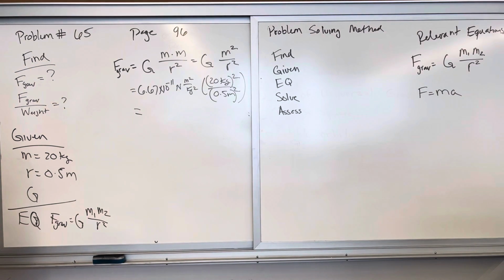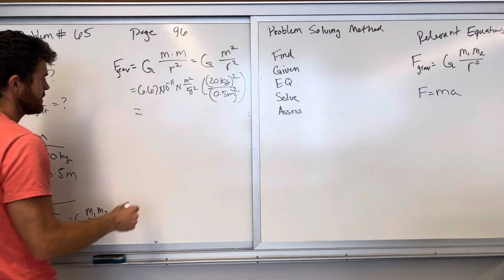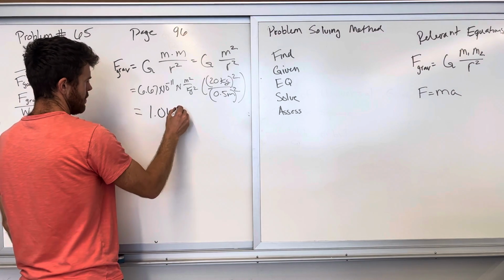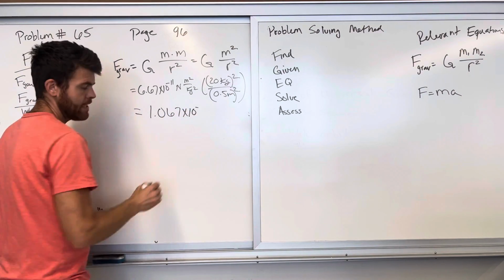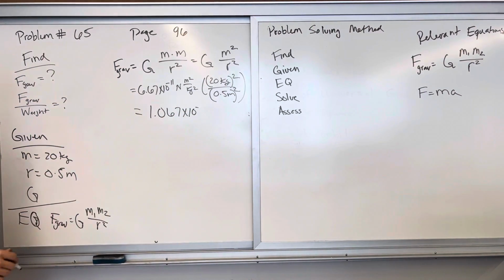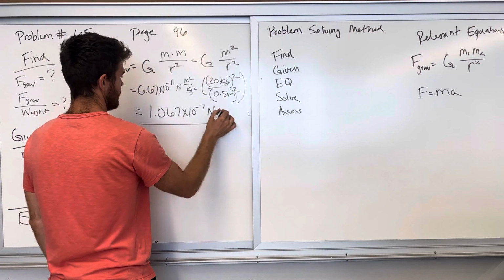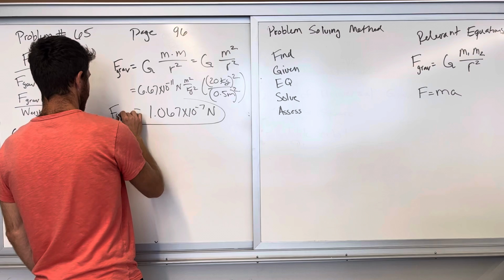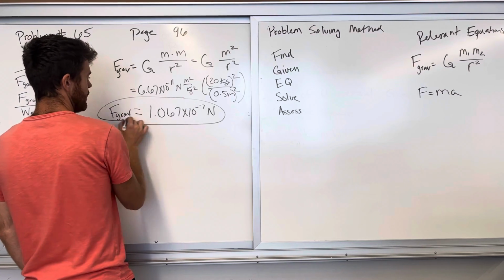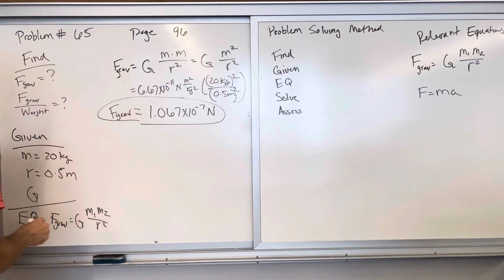And that comes out to 1.067 times 10 to the negative 7th newtons.